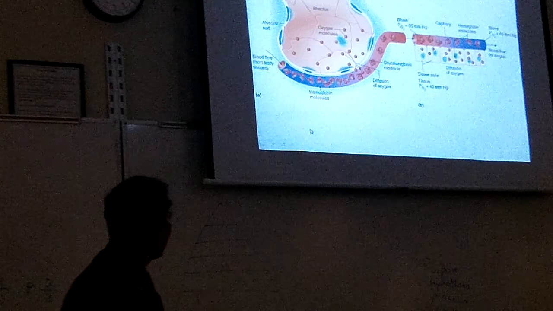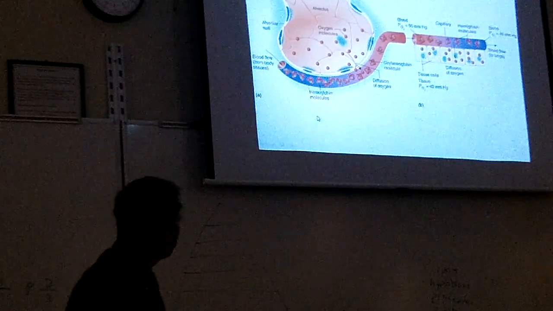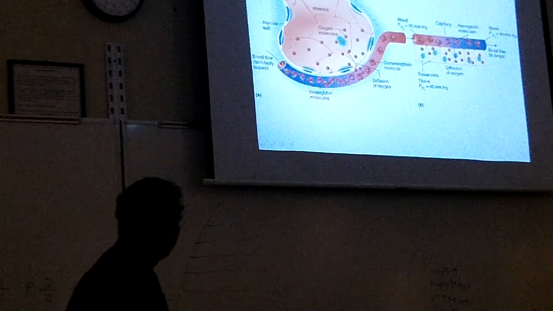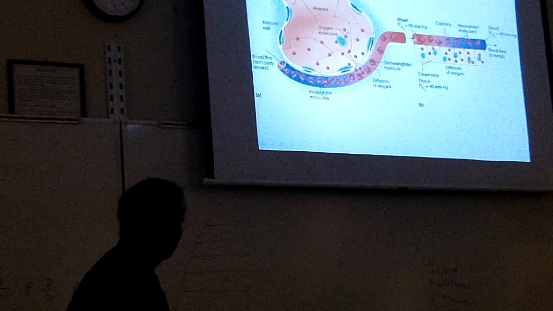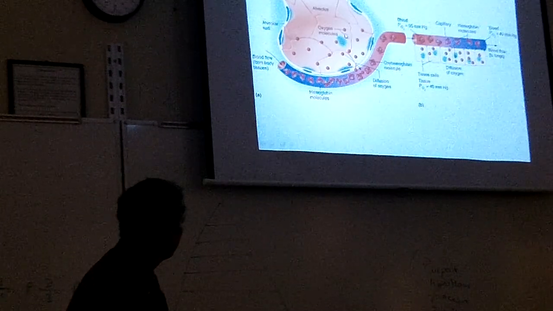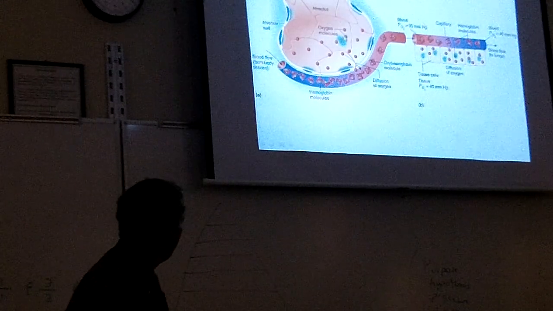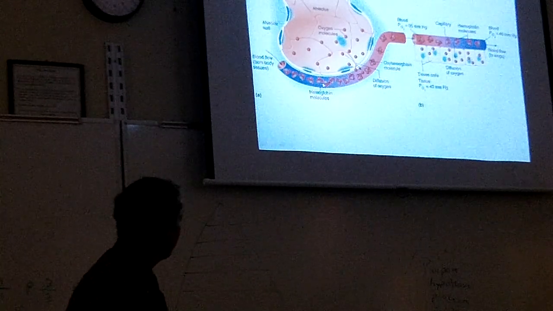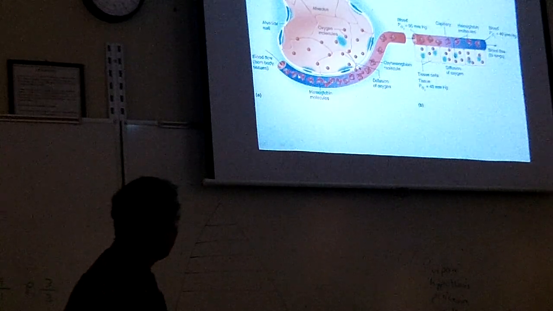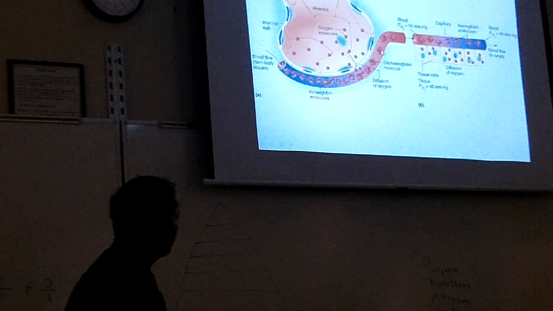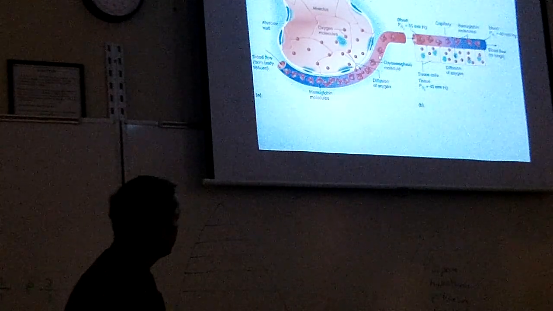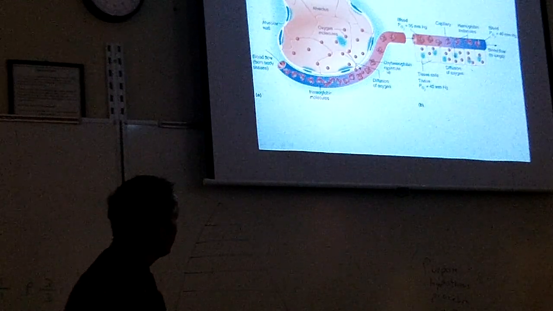Now, let's look. What is this showing? Oh, this is showing how the oxygen molecules bond to hemoglobin molecules. And so each hemoglobin molecule can carry 4 oxygens. We call it oxyhemoglobin.